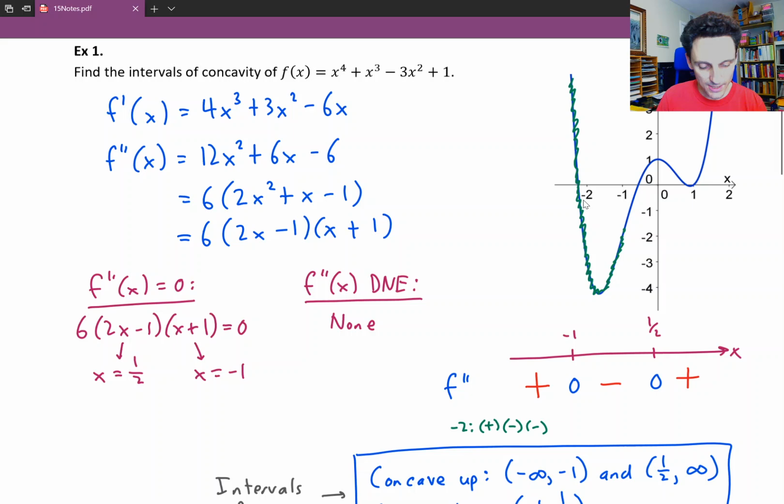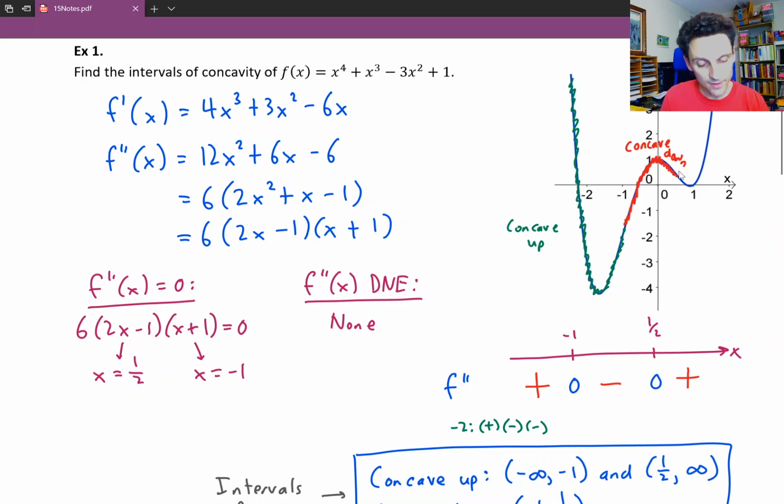Then, as you go from x equals -1 to 1/2, the second derivative is negative, which means the graph is concave down. So that's going to be from about here to here. The graph is concave down. There, it's part of a frown. You can see the frown right there. Concave down, part of a frown.